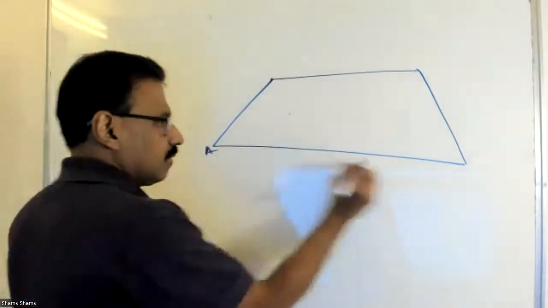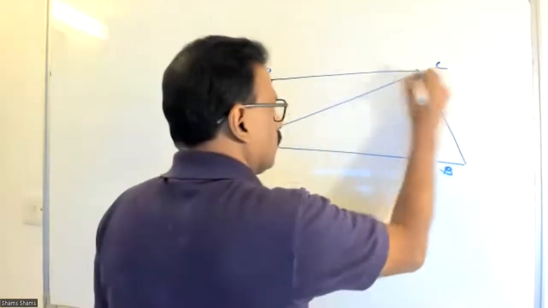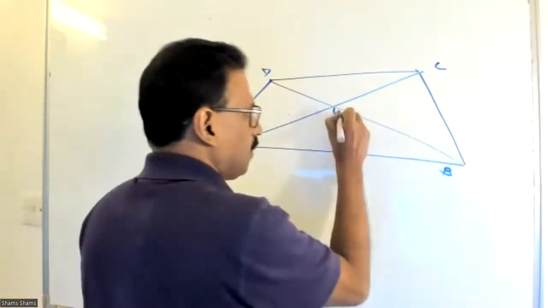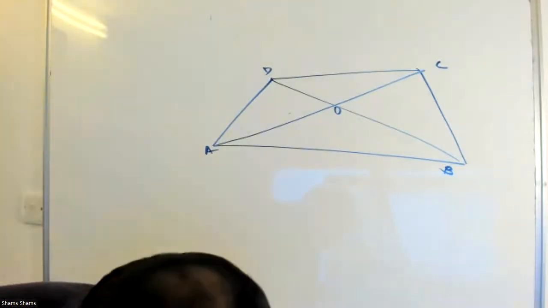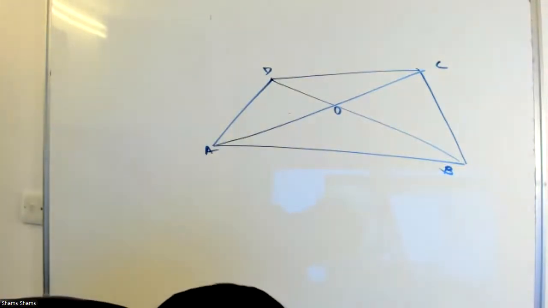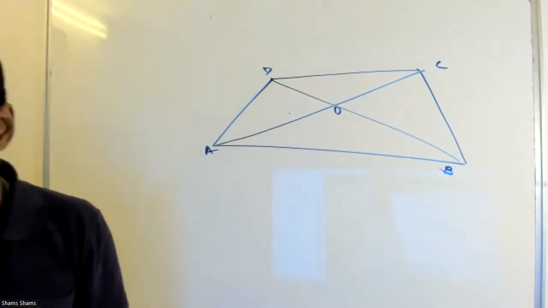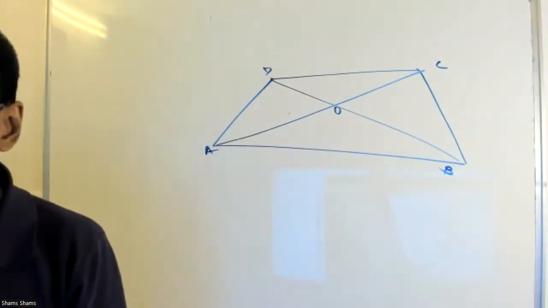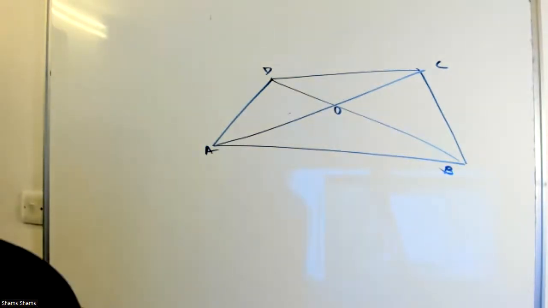A, B, C, D. And which chapter is currently going on? Triangles. Triangles only. So you are doing the Pythagoras theorem part, right? No, sir, you're not doing.